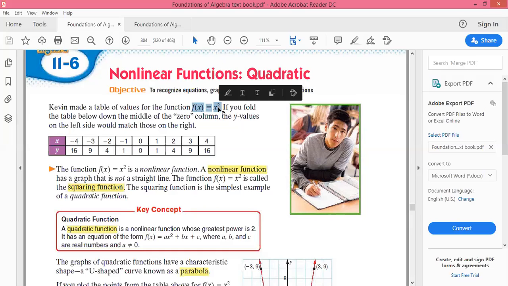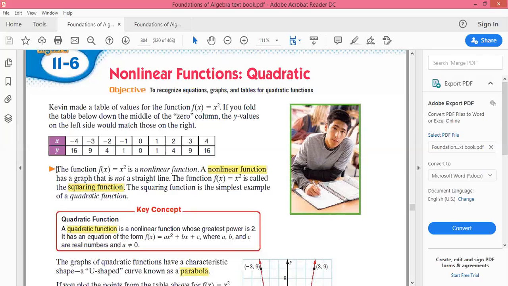When it is x square, put the value of x first, -4. It means it will be 4 square, right? 4 square is 16. Very good. Then you put the value of x as -3. It will be 9. Then x is -2, it will be 4. And like this, you will find all the function values.